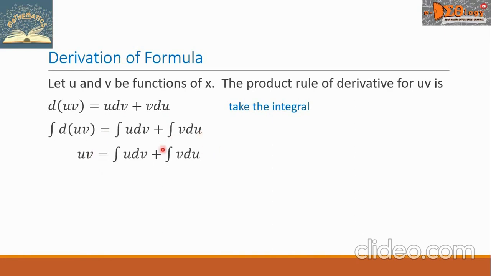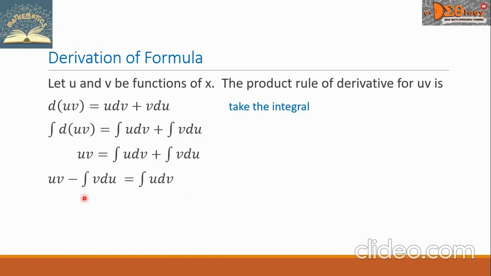Now, this integral of v du we're going to transpose to the left side. This plus sign becomes minus. So we have now uv minus the integral of v du equals the integral of u dv.